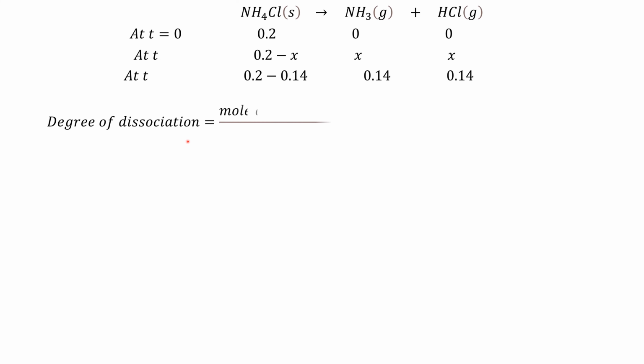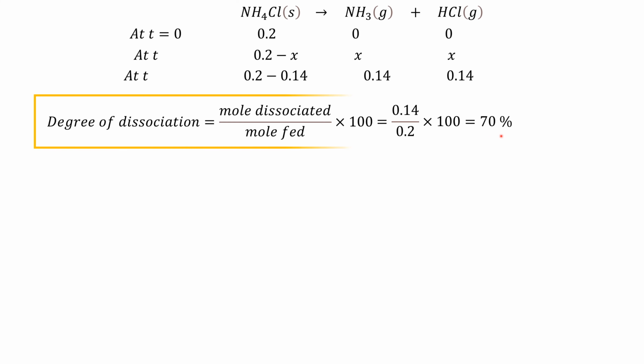Now we can write the formula for degree of dissociation: moles dissociated divided by moles fed, into 100. X is the dissociation, so moles dissociated is 0.14 and 0.2 is the moles fed. After putting all values, we will get 70%.